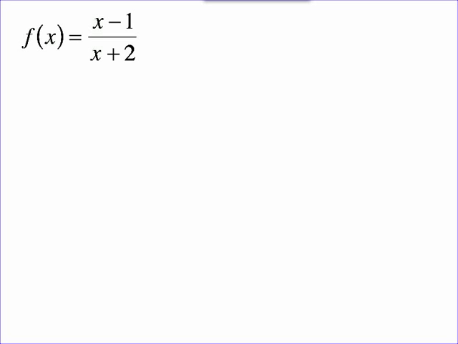Okay, let's go ahead and look at another one. So f of x equals x minus 1 over x plus 2. Very first step, we need to decide, does this pass the horizontal line test?